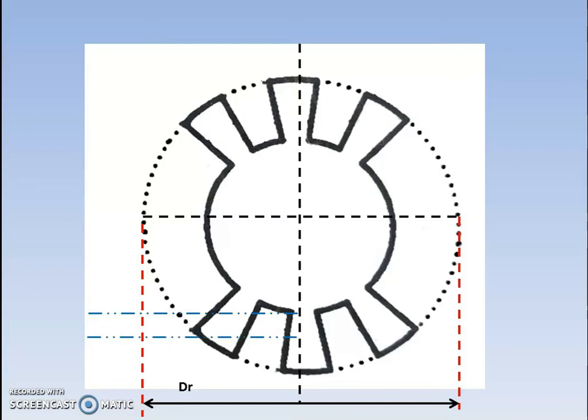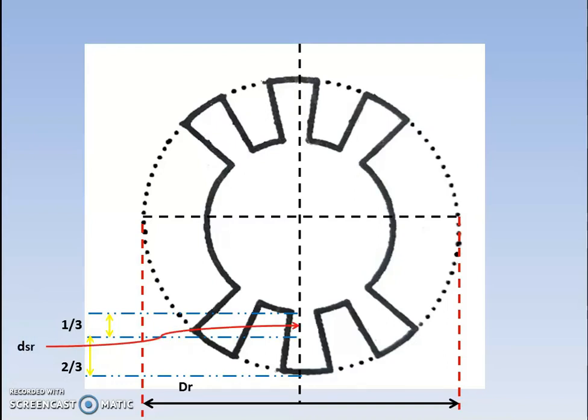From the narrow end at 1/3 height, we have our slot depth. From the 2/3 height, our slot, or teeth rather, is divided in two parts. One is 1/3 and one is 2/3.